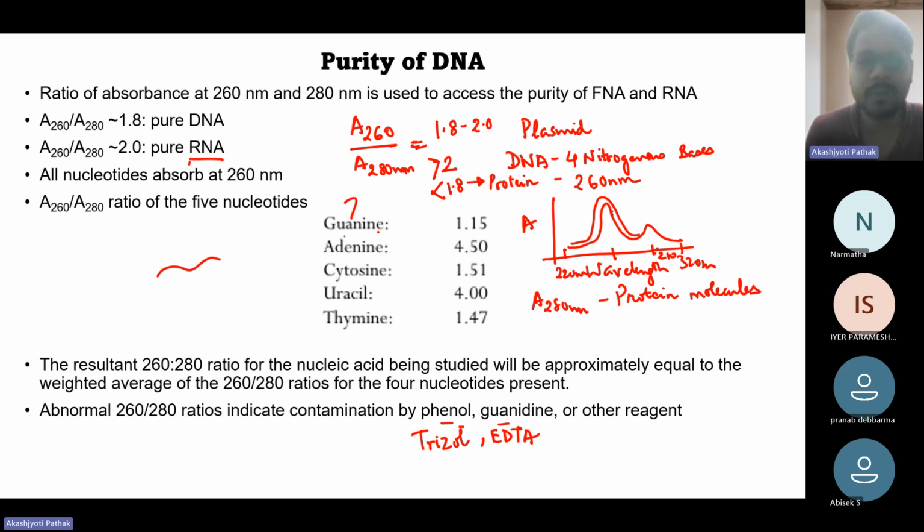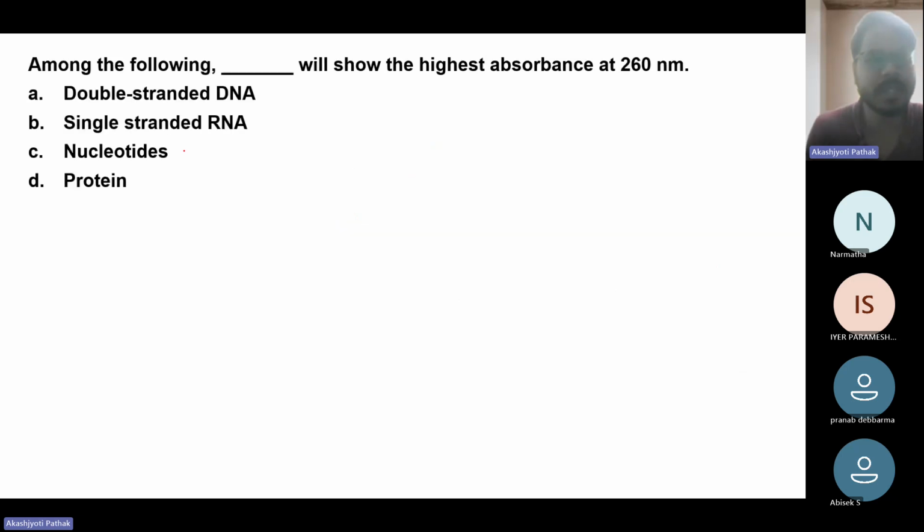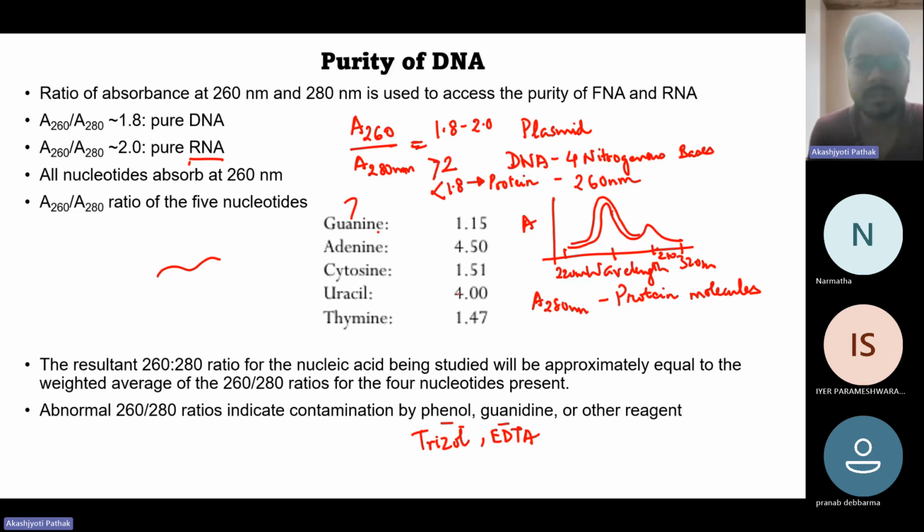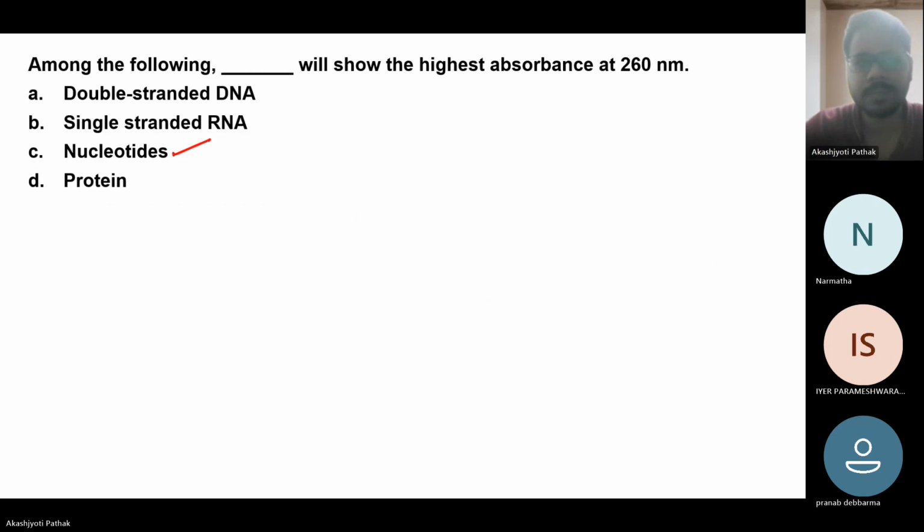So it will obviously be less than the individual nucleotides. That is why the answer is nucleotides. If you see over here, uracil and guanine are higher than double-stranded DNA. For double-stranded DNA, we consider around 1.8 to 2, but for individual nucleotides, it will be more than that. Okay, so the answer is C.